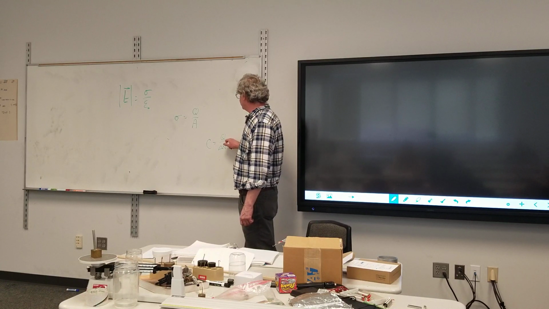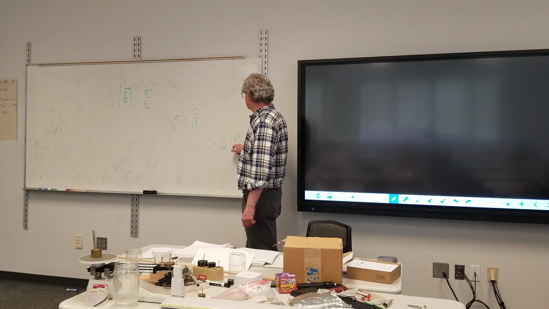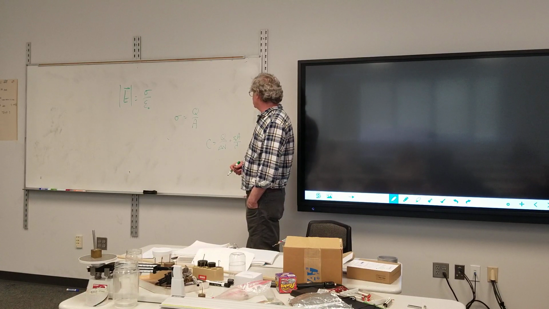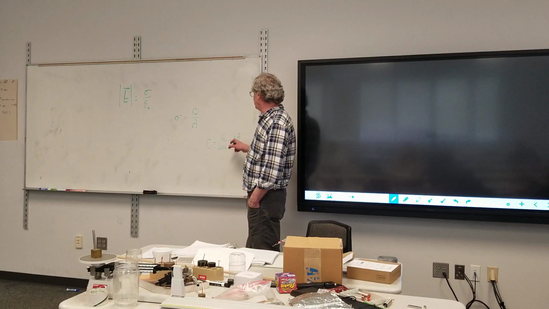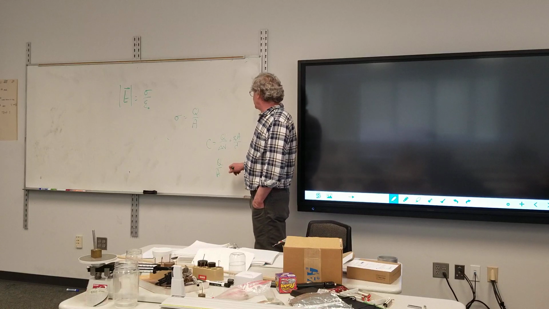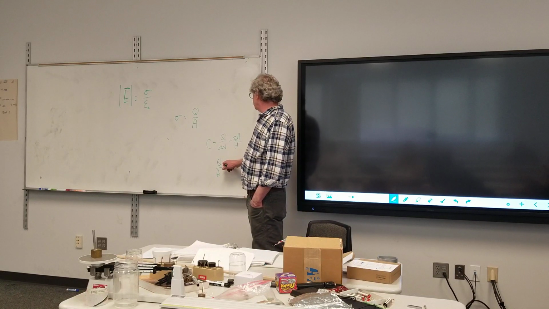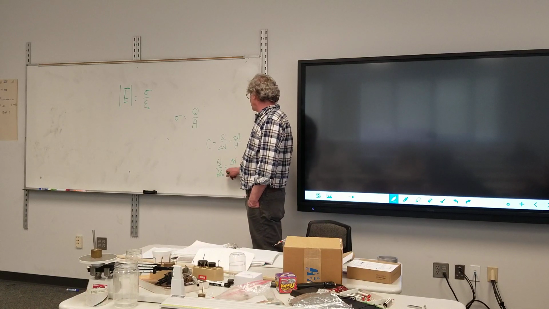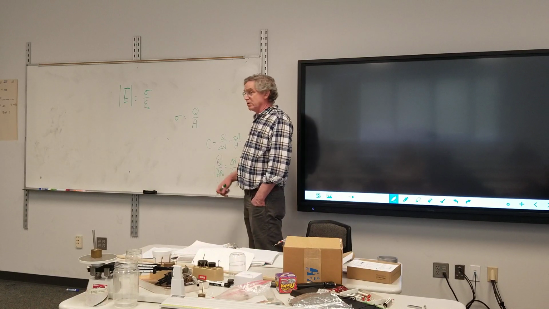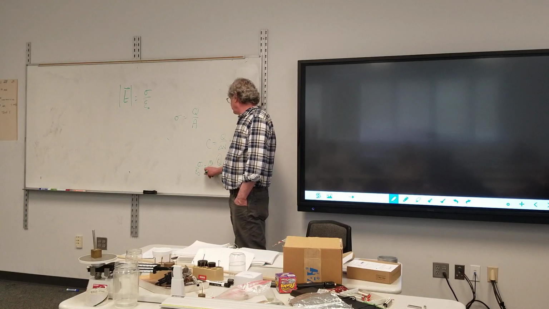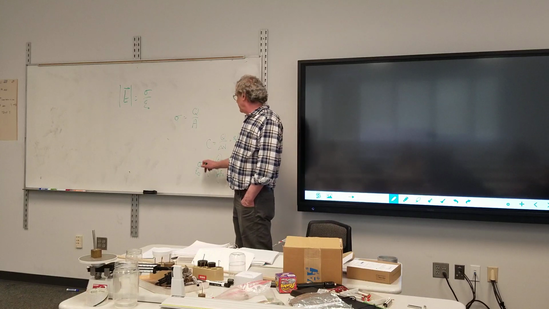Then I solved for V, so V was equal to Q d over epsilon naught A. If you play around with that, if I bring area down and voltage up, I get Q over A epsilon naught is equal to delta V over d. Q over A is sigma. So I get sigma over epsilon naught is delta V over d, ignoring signs. That's my electric field.